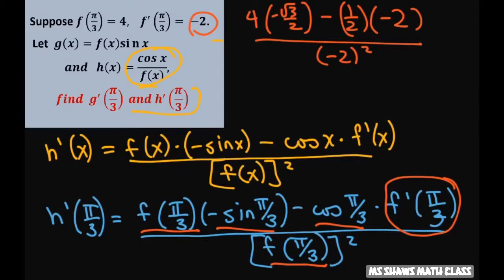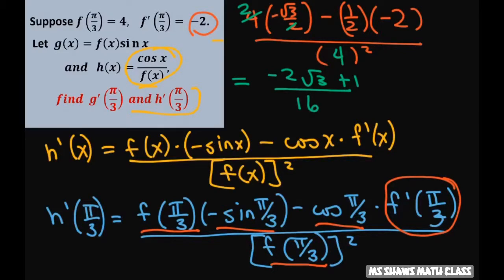So this all simplifies to, this is actually 4. Sorry, 4. So this all simplifies to negative 2, because that goes in 2 times, square root of 3, 2 negatives, it's going to make a positive, so that's going to be plus 1, divided by 16.